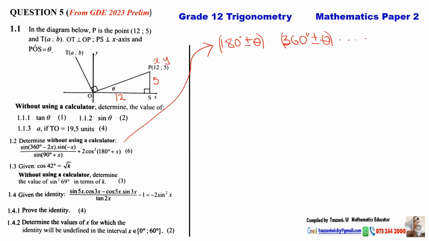So in this case, the 180 falls away to give me plus or minus theta. The 360 falls away to give me plus or minus theta.